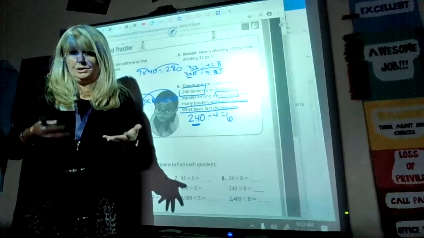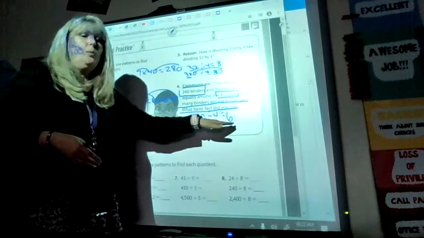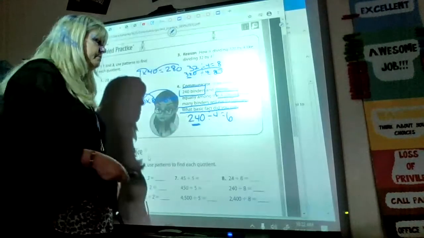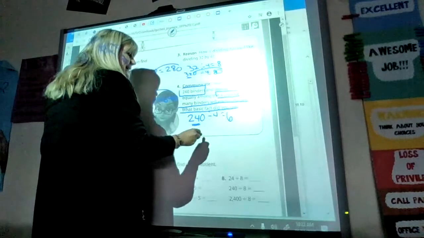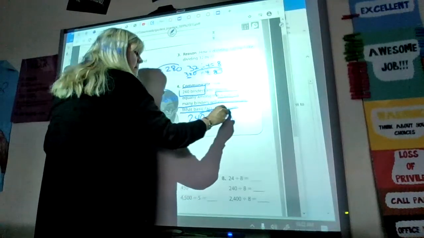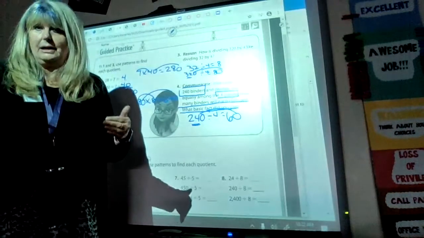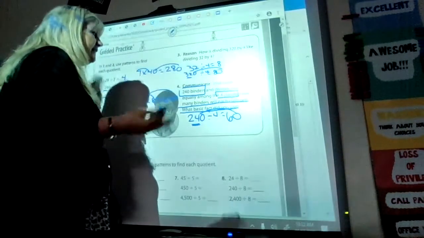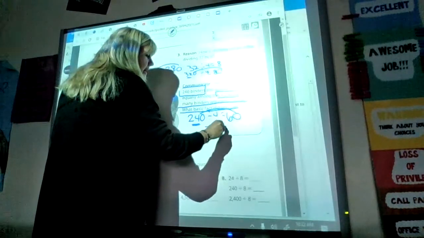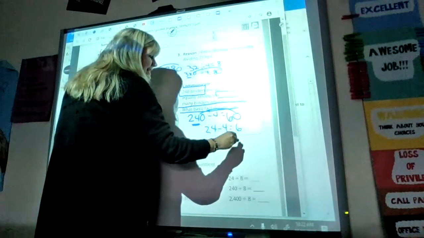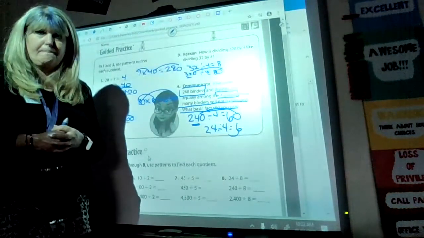I divided into 240. So I moved one place over on the place value chart, which means my quotient is going to move one place over on the place value chart. So 24 divided by 4 is 6, but I'm bringing that 0 over because I know that I am divided into the hundreds. Now, what was the basic fact that I used? Well, it was 24 divided by 4 equals 6. And I know 6 times 4 gives me 24.